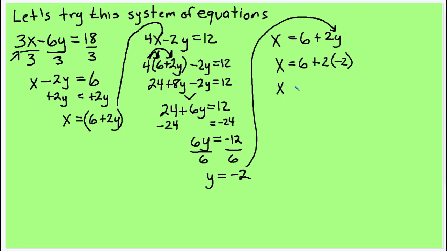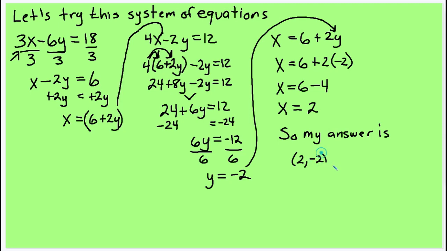And so that makes x equals 6 plus 2 times negative 2 is negative 4, so 6 minus 4. And we get x is equal to 2. So the answer to our system of equations is 2, negative 2.